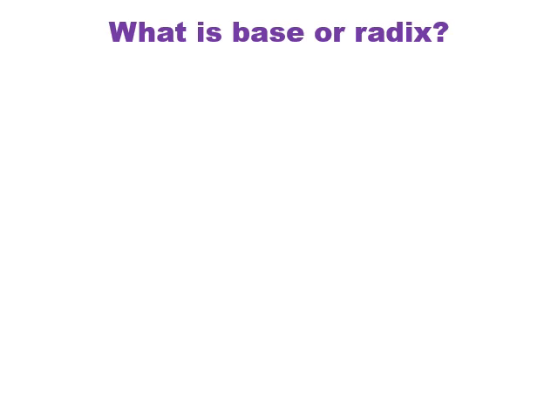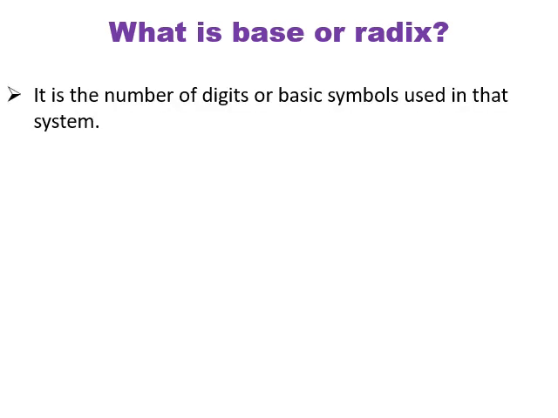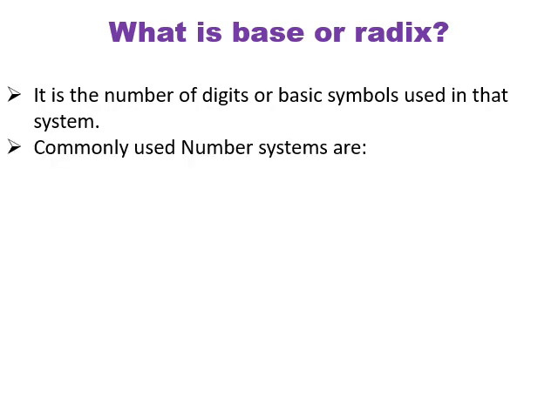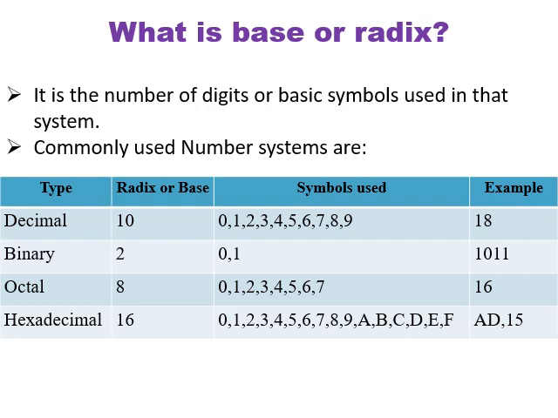Now let us discuss what is base or radix in a number system. So base or radix is the number of digits or basic symbols used in that system. Commonly used number systems are decimal, binary, octal, and hexadecimal.